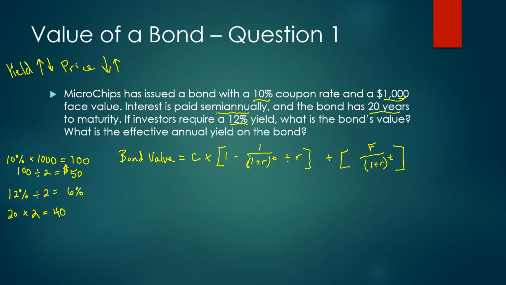So now we just put in the numbers. So our coupon payment that we get is $50. So we get paid $50 times 1 minus 1 over 1 plus R. So our rate is 6%. So that's going to be 1.06. And our T, number of periods, is going to be 40. So that's going to be raised to 40.